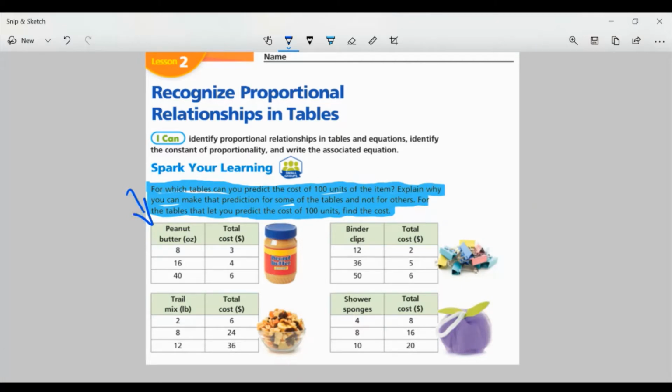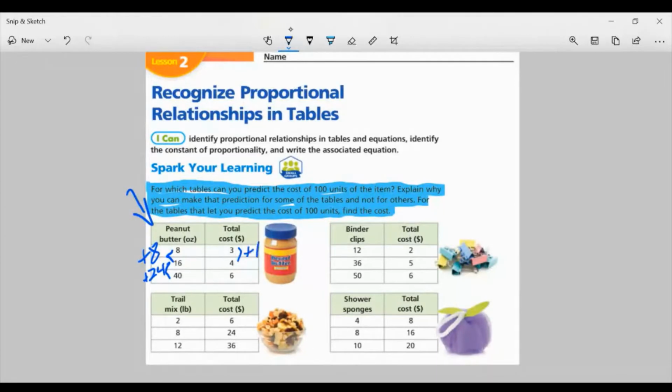I have 8 ounces for $3, then 16 ounces for $4, 40 ounces for $6. If I look at my increases here, I increased by 8, and then I increased by 24. Okay, now let's look at the right side.